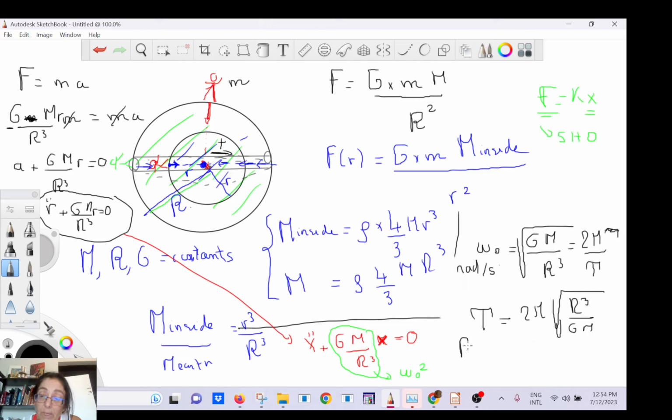Okay, so the radius of the Earth is about 6,400 kilometers. So you multiply by 1,000 to have meters. The mass of the Earth is 6 times 10 to the 24 kilograms. And then you have G, the universal constant, which is 6.67 times 10 to the negative 11, whatever units that is.